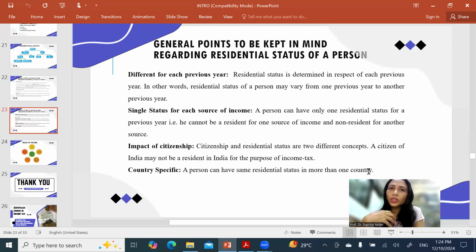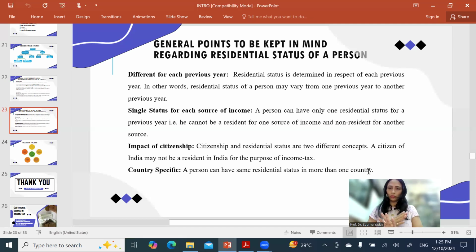So what we have to see is from our tax point of view. We have to see the Income Tax Act, and as per our Income Tax Act, we have to decide his residential status and the income and get the taxes calculated. This is the main thing we have to decide.